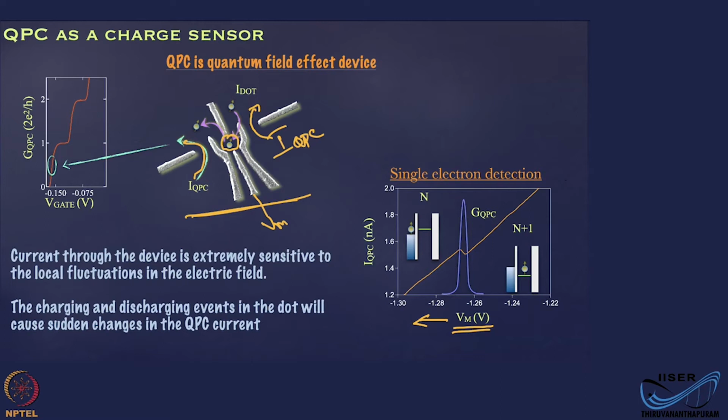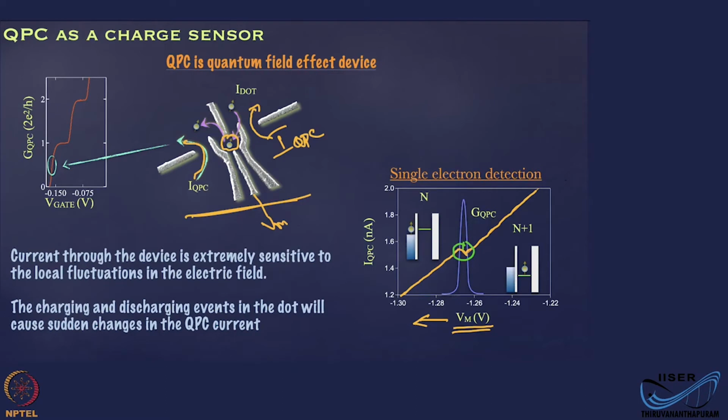Here this curve shows the QPC conductance, and the small bump in the data is due to the electron tunneling out of the dot. So that is a signature that you are going to get in the QPC conductance when an electron goes out of the dot. On the right side of this bump, you have the electron inside the dot, and on the left side of this bump, you have the electron outside the dot.